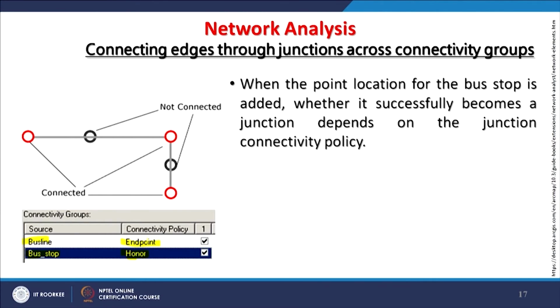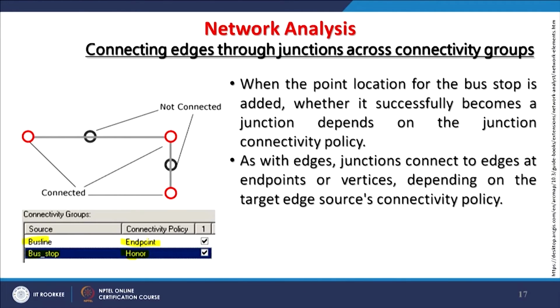And when the point location or endpoint for the bus stop is added, whether it successfully becomes a junction depends on the junction connectivity policy. And the policies I am talking about are not policies made by some administration. These are the policies within your network GIS database.